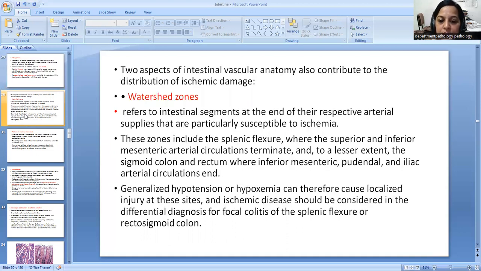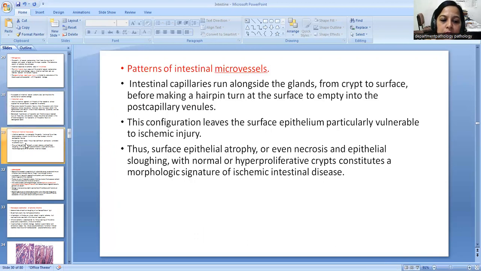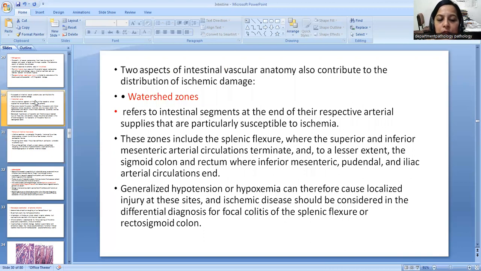Two aspects of intestinal vascular anatomy may also contribute to the distribution of ischemic damage: watershed zones, and the second one is patterns of intestinal microvessels. So, the watershed zones refer to the intestinal segments at the end of their respective arterial supplies that are particularly susceptible to ischemia.